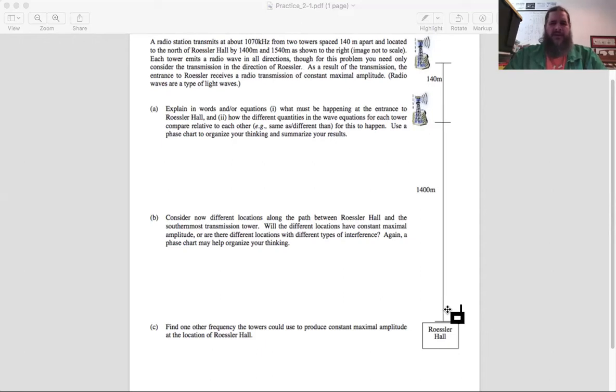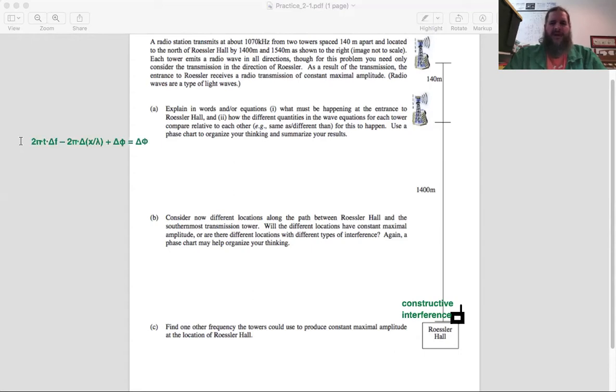So yeah, we know that's going to have to be constructive interference, whereas if it was destructive, you'd get no signal at all. Constructive interference at this location. And if we want to analyze how that works, we can go back to the total phase difference equation.